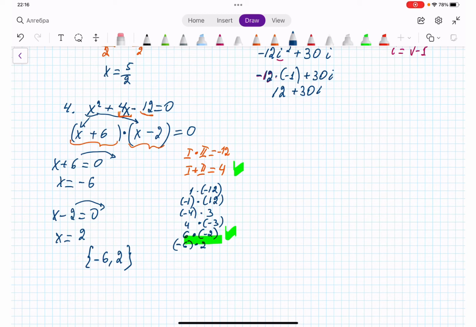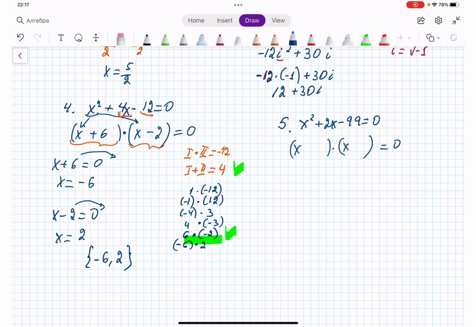Okay? All right, moving to the next question, number 5. So another one like that. We have x squared plus 2x minus 99 equals 0. Okay, break it down into a multiplication of two parentheses that is going to be equal to 0. 1x is here, 1x is here.